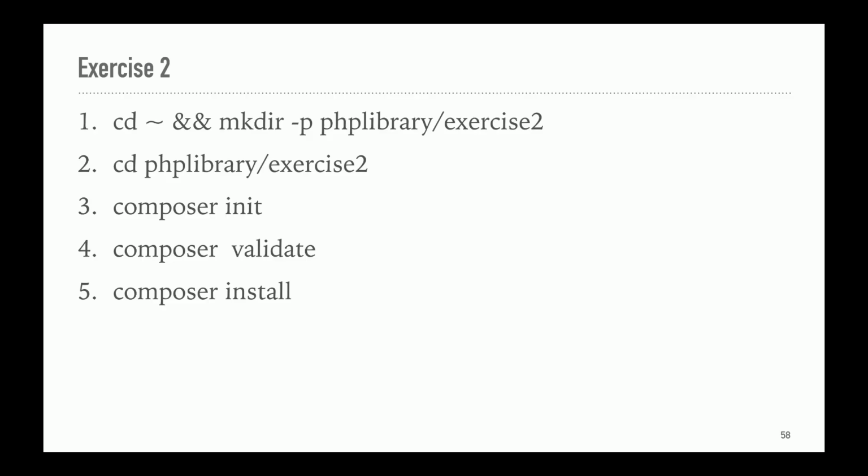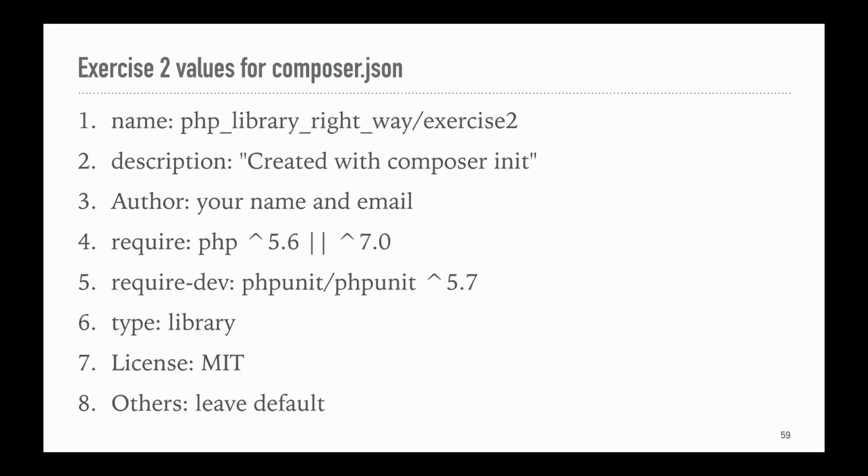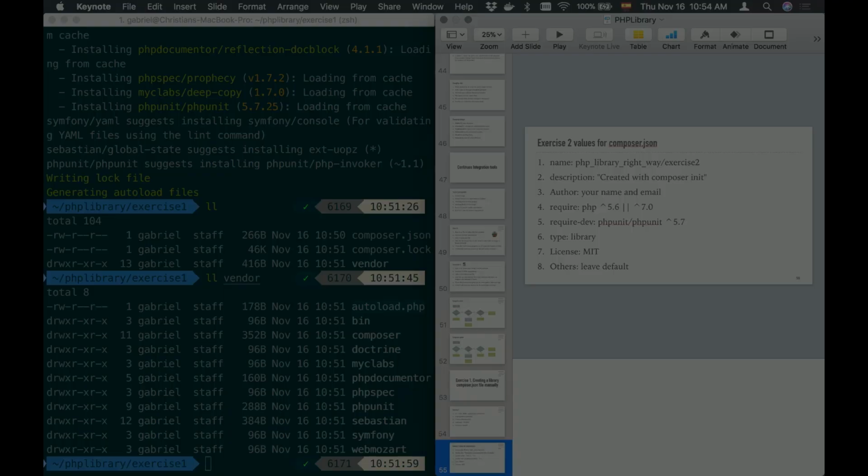We would create a php-library/exercise2 directory. We would go to that directory, and instead of just manually creating the file, we are going to run composer init. After we create that, we are going to validate and install the same way. So for composer init, we are going to provide these values to our exercise.